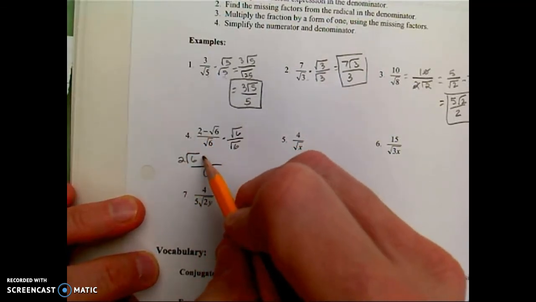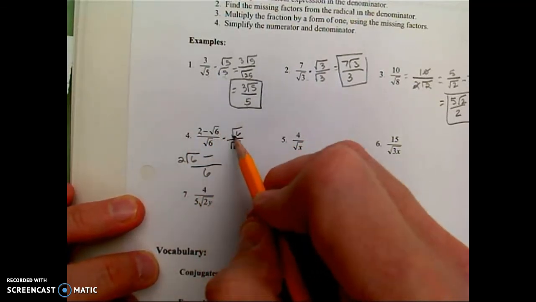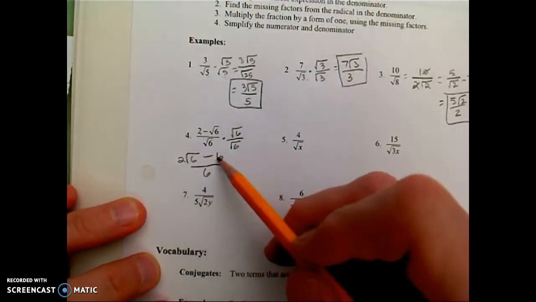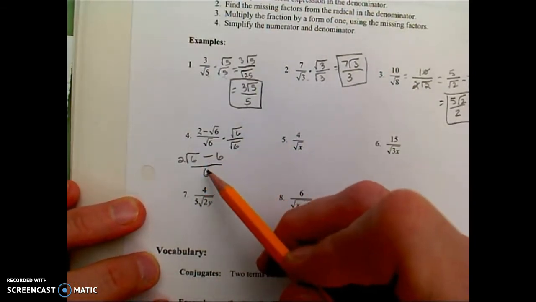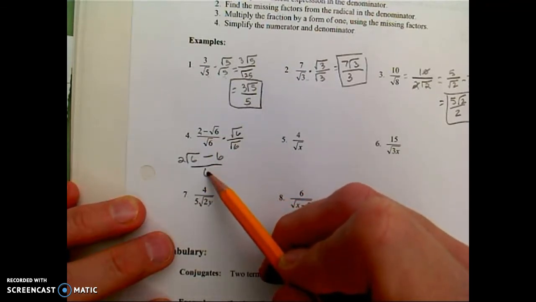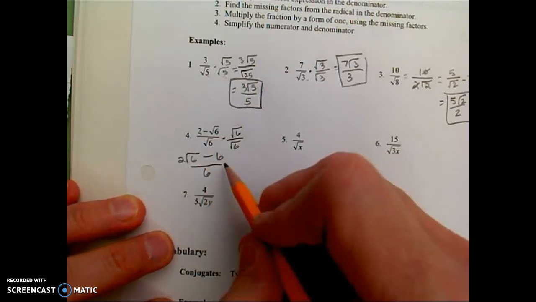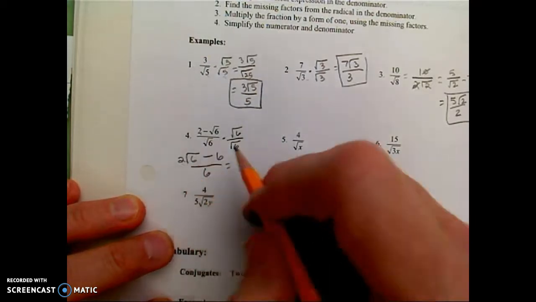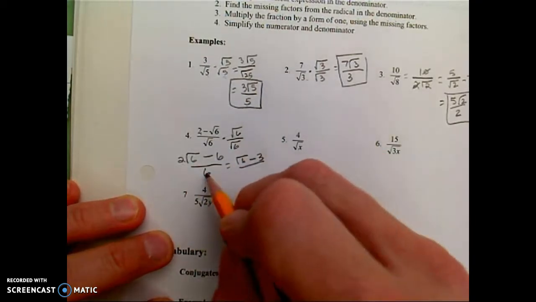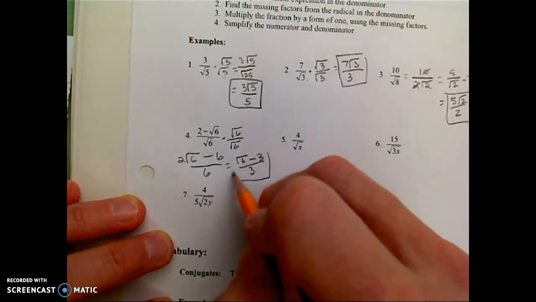So 2 times the square root of 6 minus square root 6 times square root 6, that's 6. Again, I would need to be able to divide here, here, and here by 6. I can't do that. I can divide them all by 2, though. So I divide by 2 here, I get square root 6. Divide by 2 here, I get 3. Divide by 2 here, I get 3.